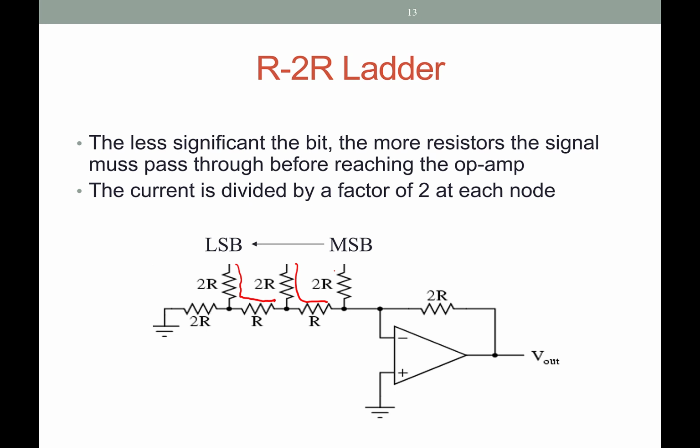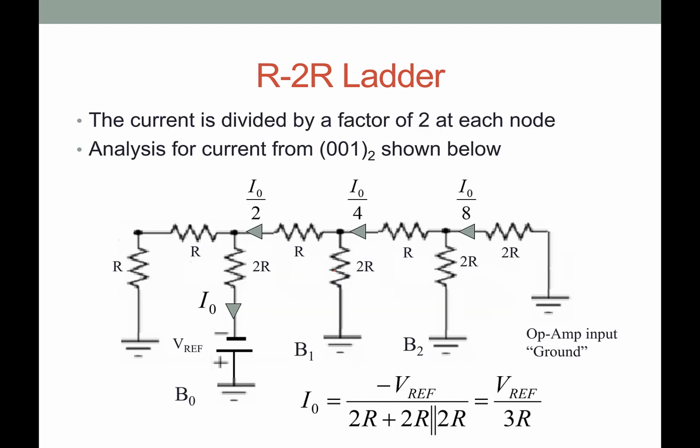And so it's a sneakier way, but you end up with the same kind of question. And so here it's trying to show you that current divider happening as we look at the particular circuit.